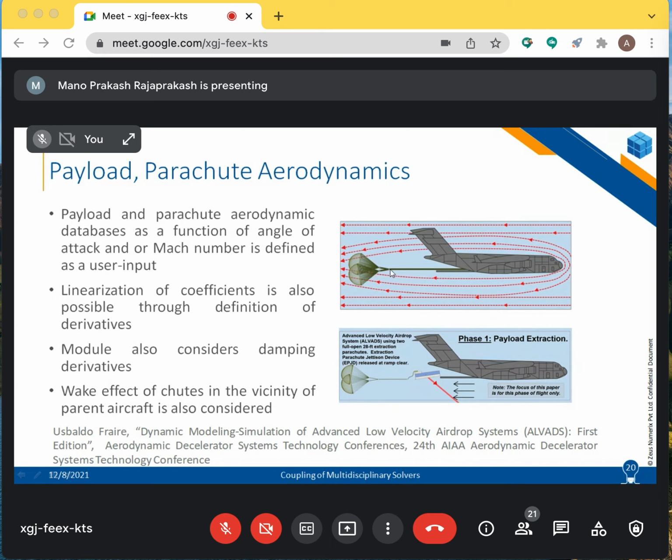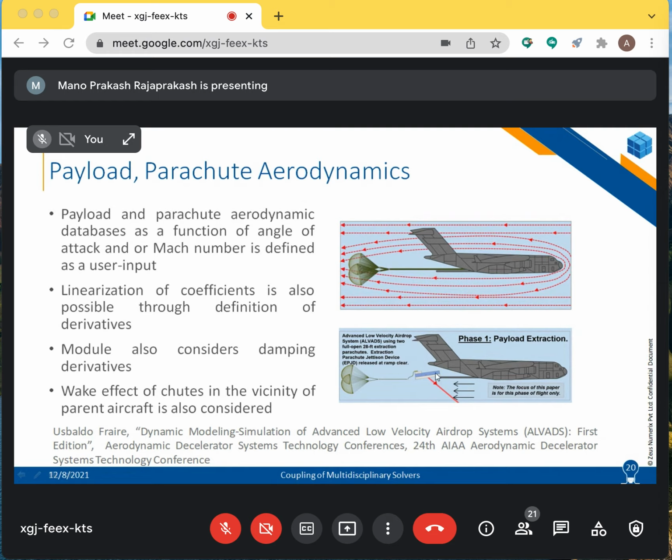In case I have an option to go for a bigger line, you can see this riser line connecting the parachute and payload, I can decide it in such a way that it falls outside the wake region. For taking such decisions, it is very important we know the complete aerodynamic behavior in presence of the parent aircraft.